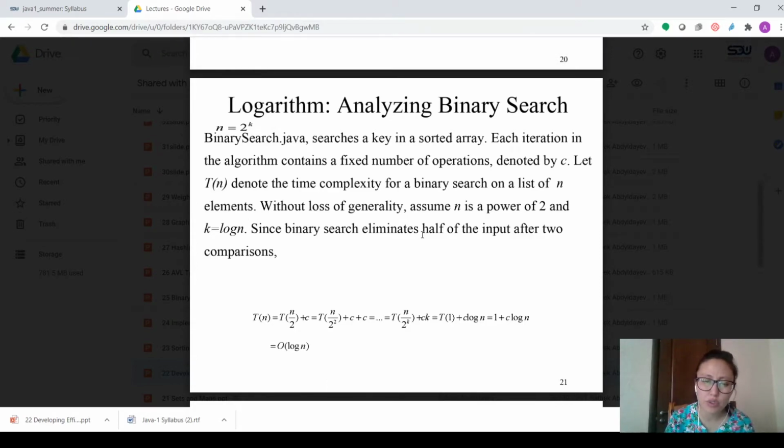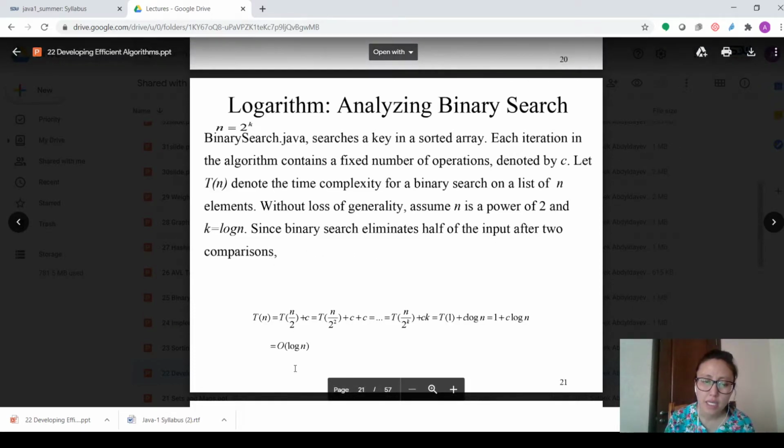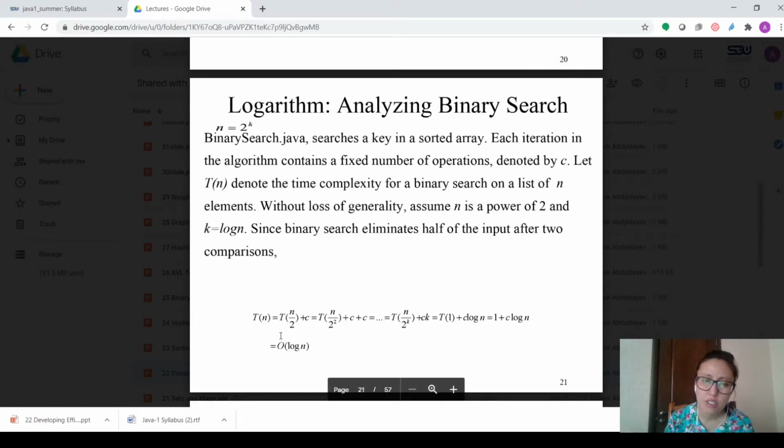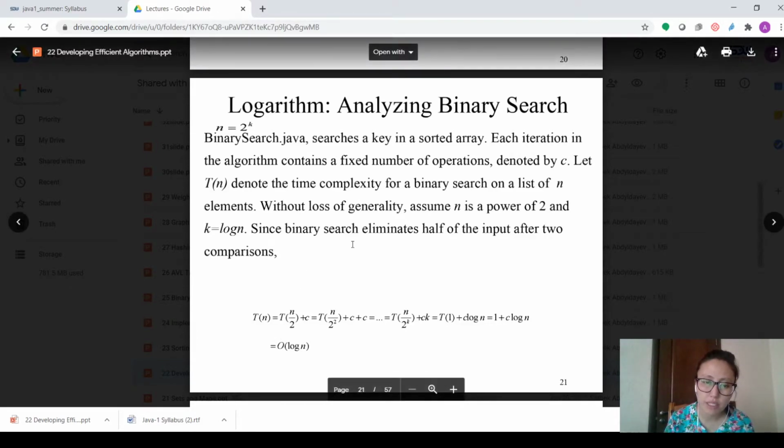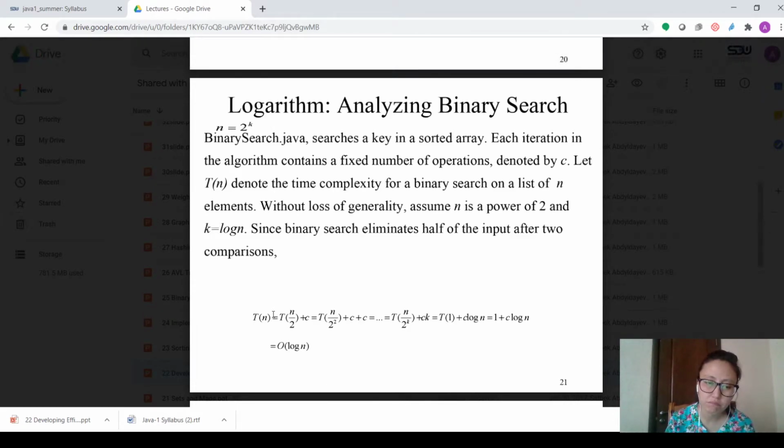Since binary search eliminates half of the input after 2 comparisons, the time complexity will be T(n/2) plus some kind of constant.